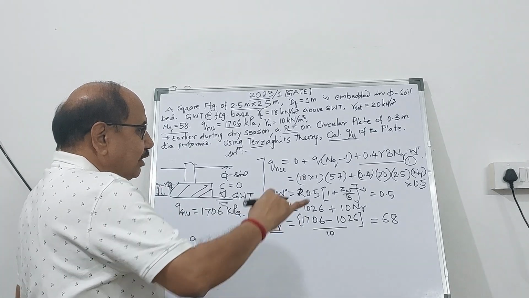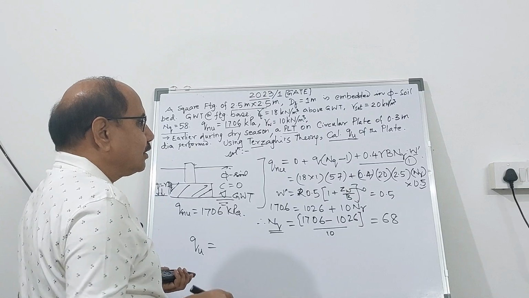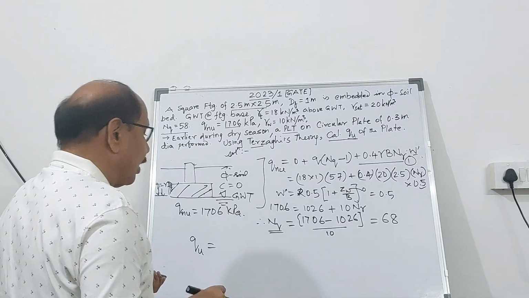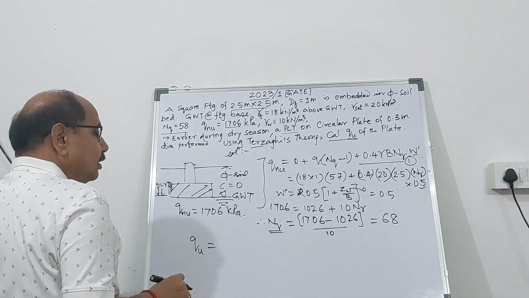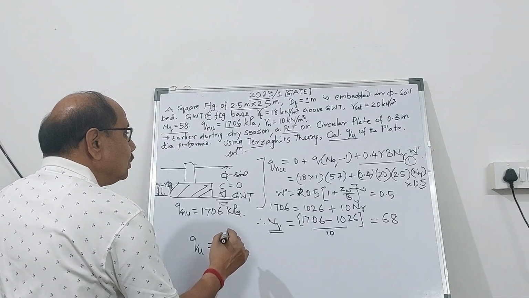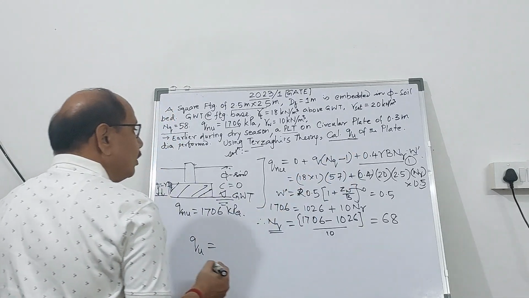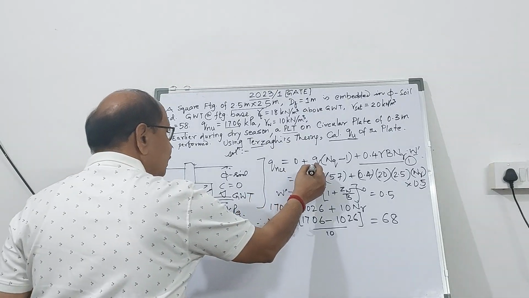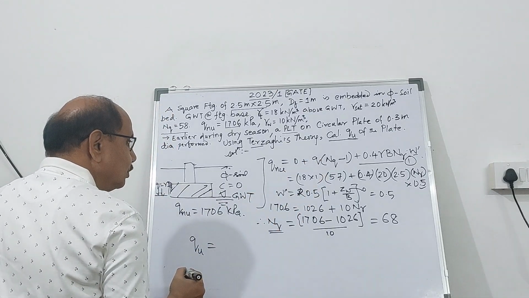At the foundation level, you are going to put the plate, a circular plate of diameter 0.3 meter. So for the circular plate, only the third term will come into picture, because the other term is going to be 0.